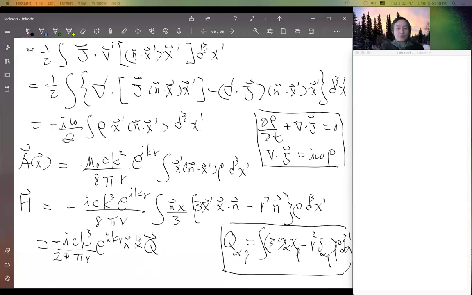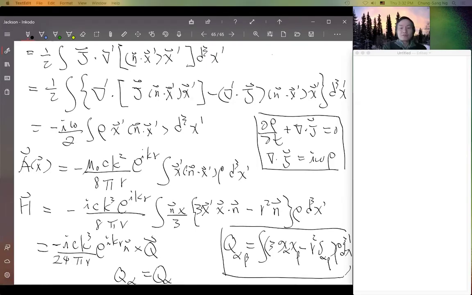Now the notation, you need to be a little careful. This Q vector is not exactly the same as the electric quadrupole tensor. What we define is this Q vector: Q_alpha is defined as this Q_alpha beta tensor.